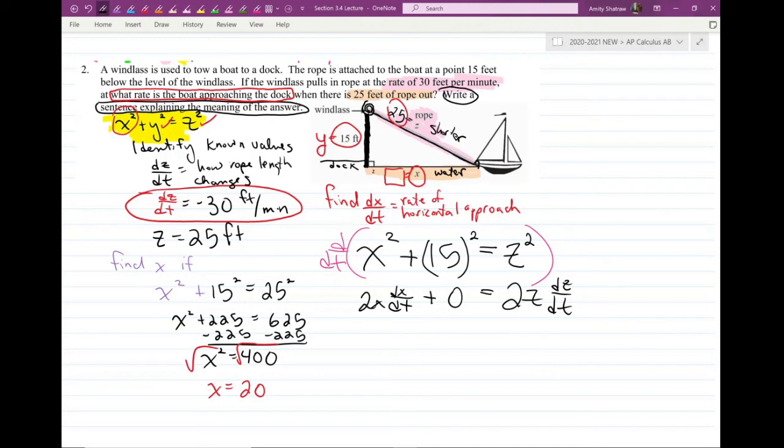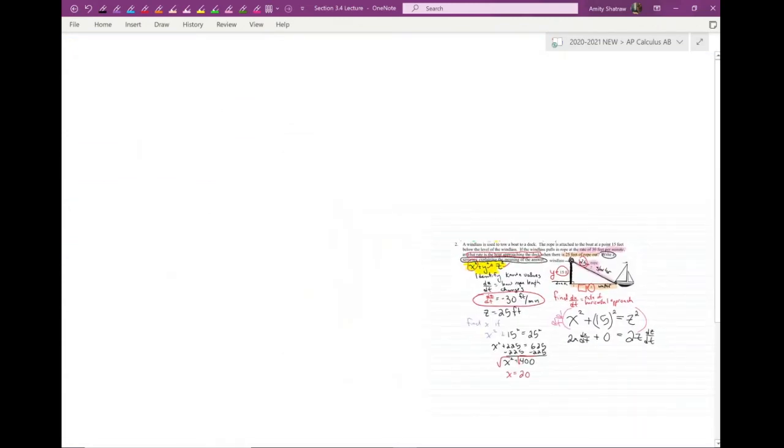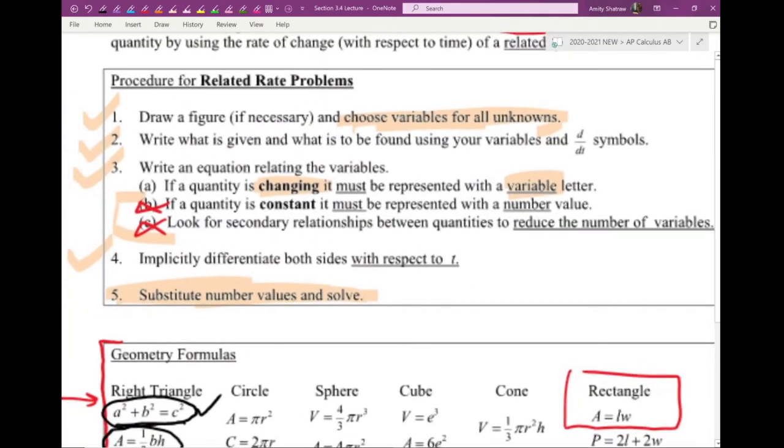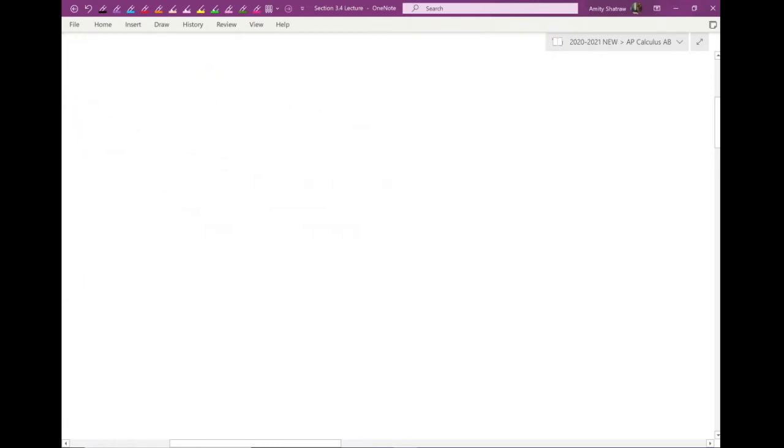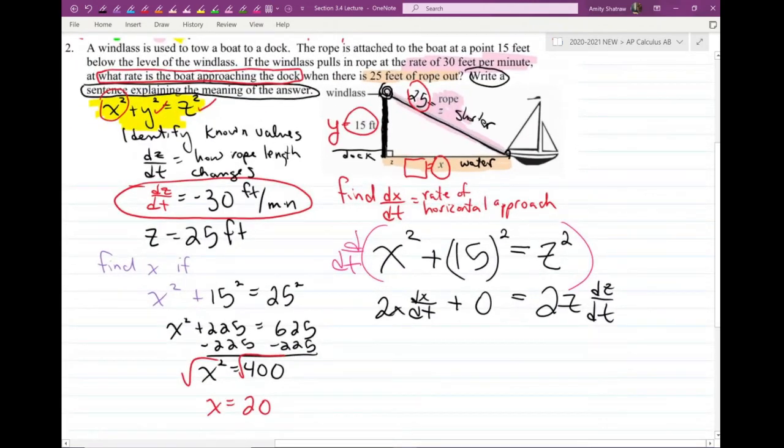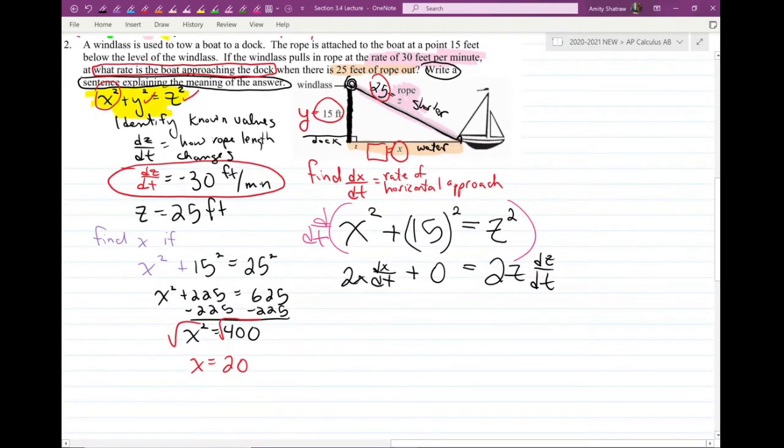Here it is not changing. So I want to simplify my equation, which when we look at our steps again, real quick, if a quantity is constant, it must be represented with a number value. And this is the first time I'm doing it to you, so it feels weird. But trust me, it'll get more normal as we move on.